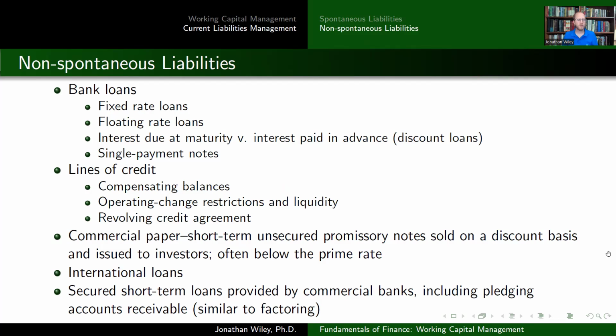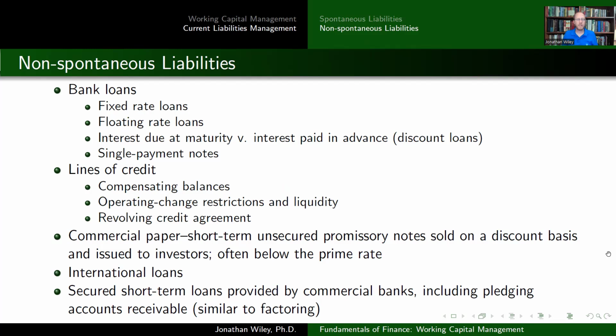Overall, these are issued to investors, oftentimes below prime rate. And so companies can view that as a way to raise short-term funds at a somewhat advantageous interest rate. There have been some market circumstances in which investors back away from commercial paper, and there have been some businesses that were funding a significant portion of their short-term needs with commercial paper because it looked attractive, and then the market dried up because all the investors panicked due to market circumstances.